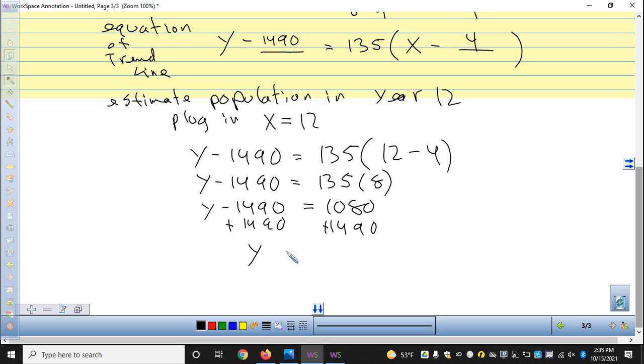And I get y equals, these go away, 1080 plus 1490 is 2,570. So we've estimated the population after 12 years to be about 2,570, whatever they are, animals, bacteria, if we're a biologist studying in the lab.